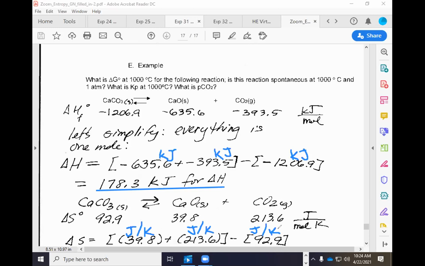Actually, I think what I'll do is go ahead and calculate the delta S on your own. And then figure out what equation to use for this, and this. And here's your temperature. Okay, see if you can figure out what to do next.